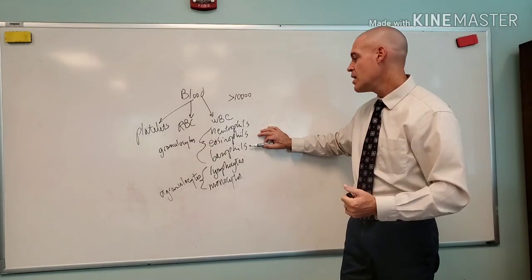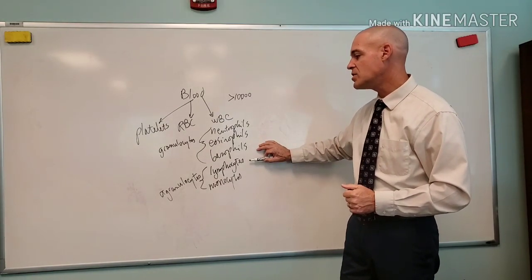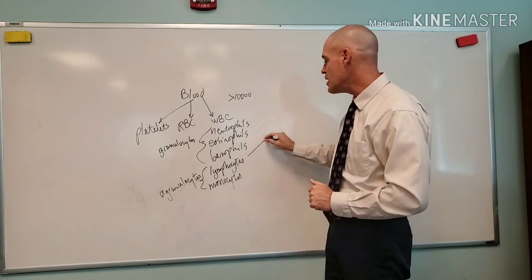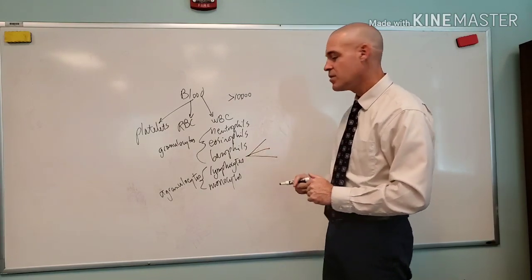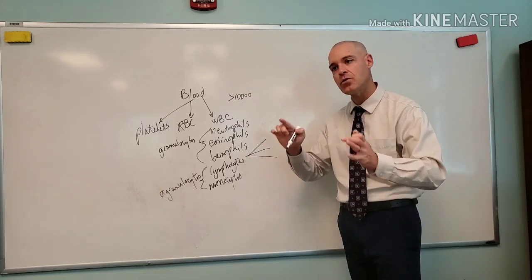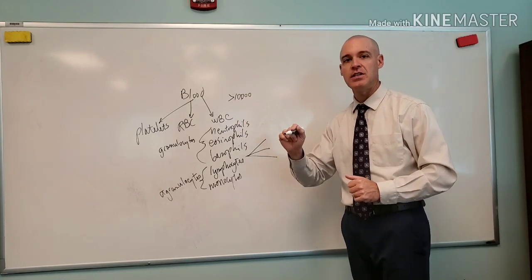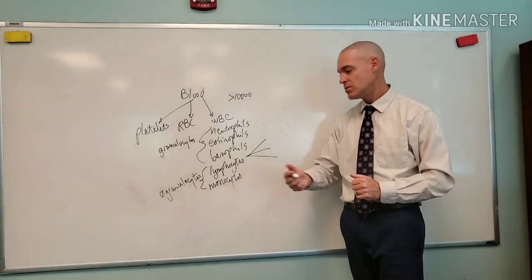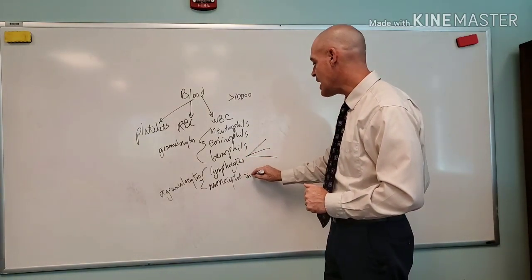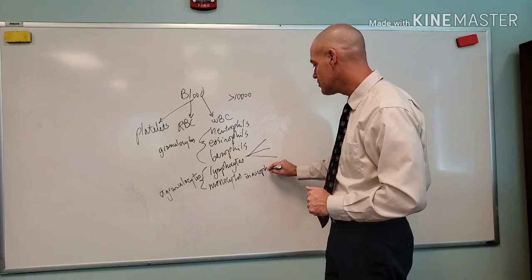Histamine and heparin. Lymphocytes in general, and we'll talk about these, have 3 subtypes. These kill a lot of different things, but in general, on a white blood cell count, we see these fighting viral infection, the lymphocyte. The monocyte is a macrophage.